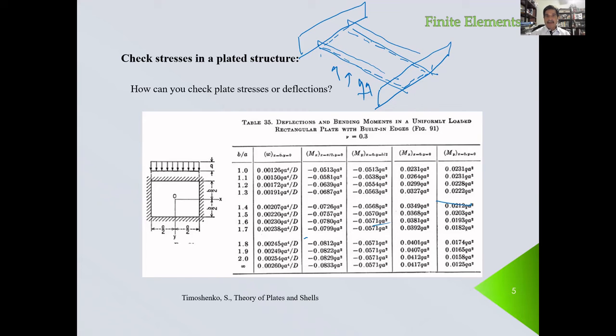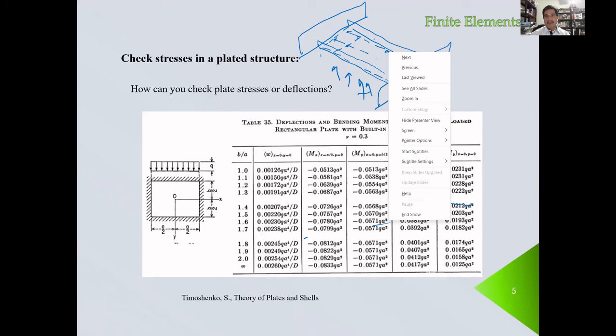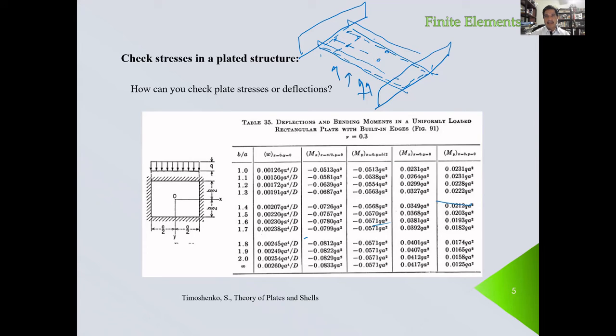Now, in finite elements, we're going to have zillions of results. For example, this structure is going to be discretized. Let's suppose that I have one joint here, 2, 3, and 4, and so on. I'm not going to draw more. What we can do is take one joint here and one joint in the center, and we can check the results in these 2 points.